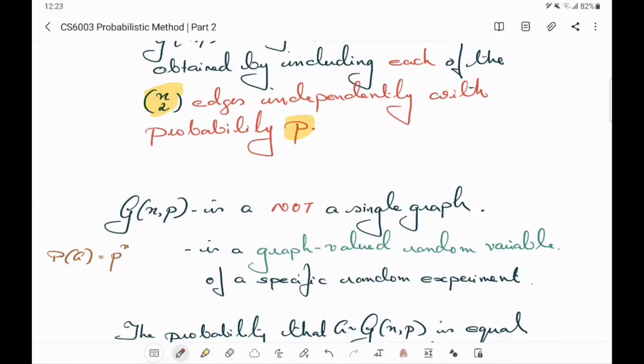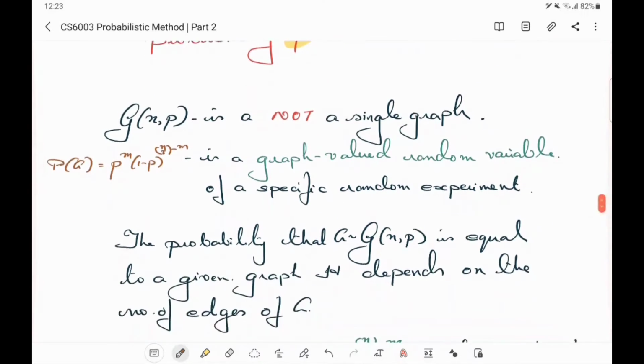This turns out to be p to the power m times (1 minus p) to the power (n choose 2 minus m), where m is the number of edges in that graph. So if your p is very, very small, then graphs with a very large number of edges get tiny probability, because p power m will be vanishingly small. Small p's put very small probabilities on large or dense graphs, and vice versa.